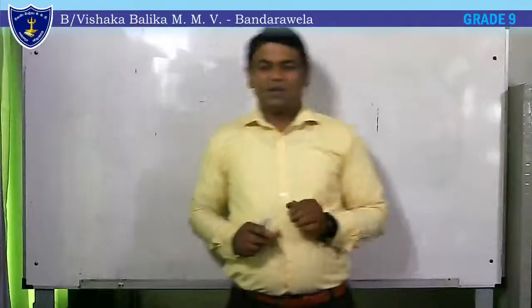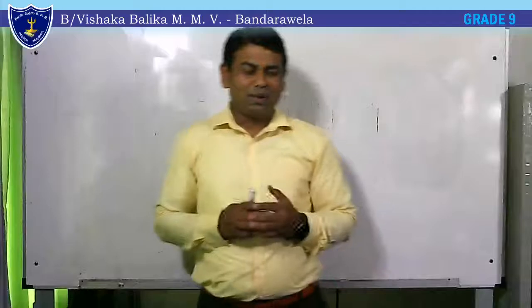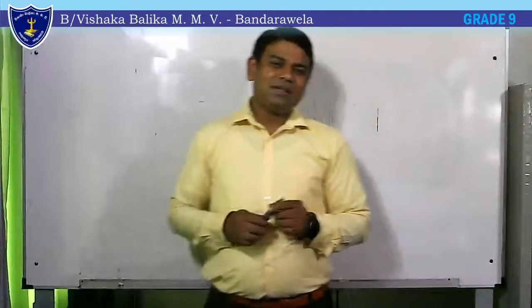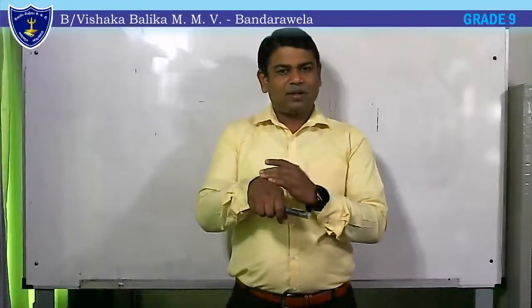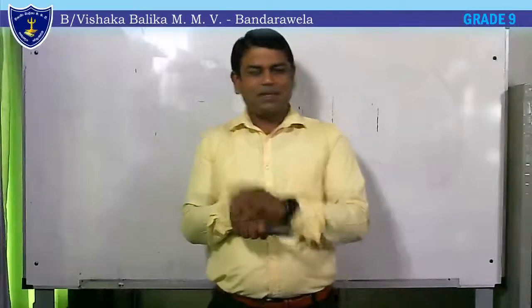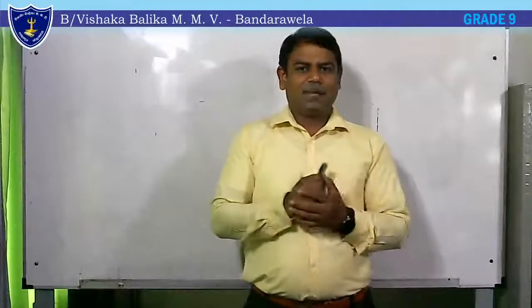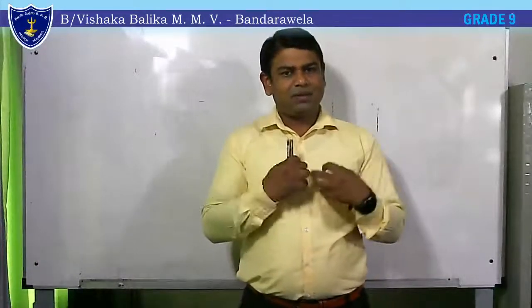Mainly, blood transports materials all around the body, and the main thing is oxygen. Oxygen should be transported to the cells, and the cells receive the oxygen. Finally, the blood comes back to the heart.